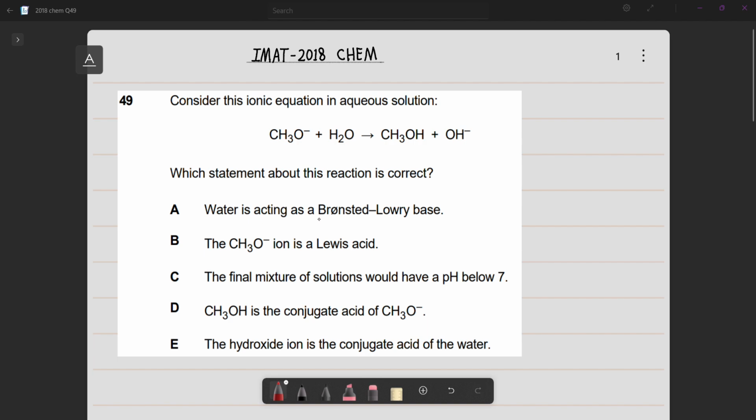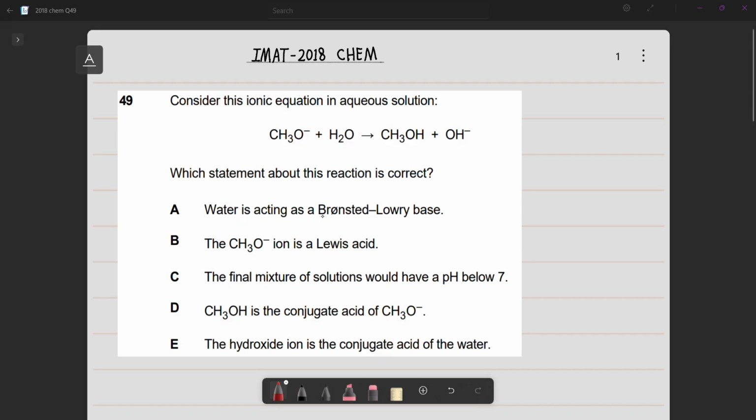The given options have the key terms Brønsted-Lowry base and Lewis acid, so it's related to an acid-base type of reaction. Before we look through these statements, we have to recall the definitions of these terms, Brønsted-Lowry and Lewis.